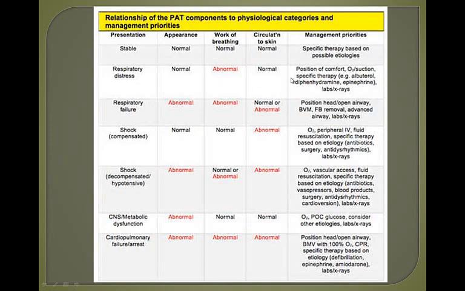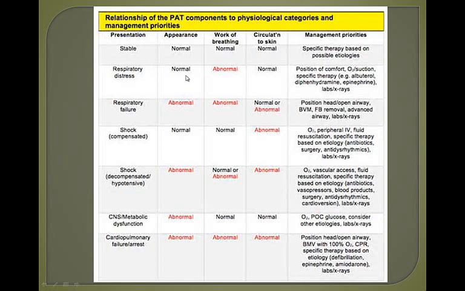This chart here is a great cheat sheet in determining how sick a child is. You can see if you have a presentation for the child, when you take a look at the child, their appearance is normal, their work of breathing is normal, their circulation to the skin is normal, you have a stable patient.